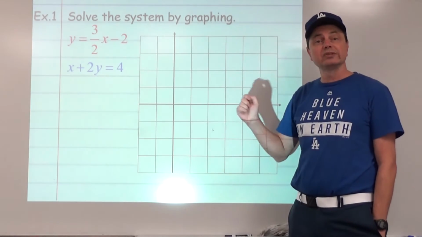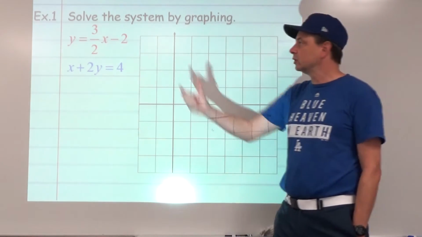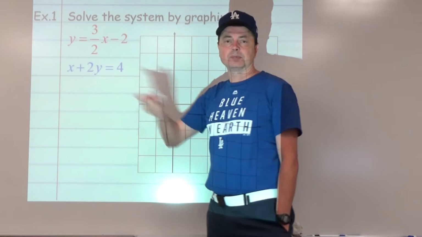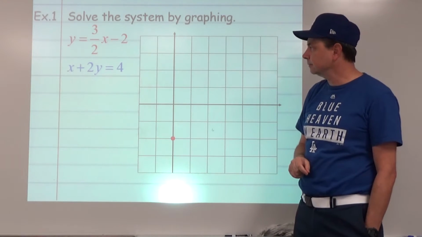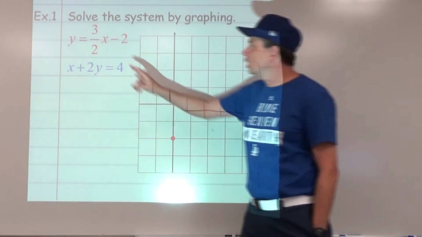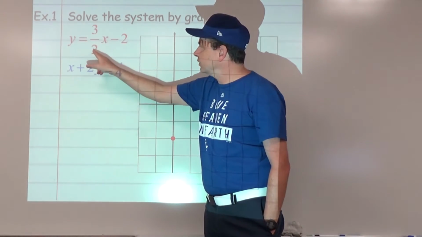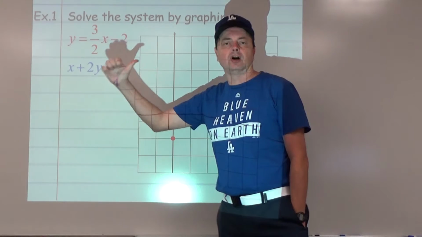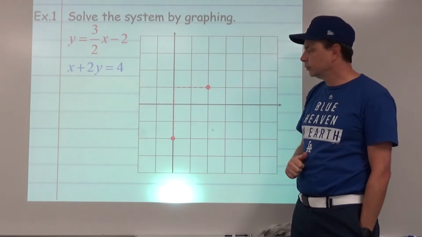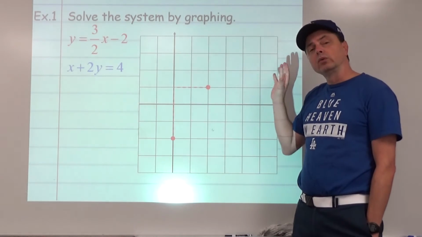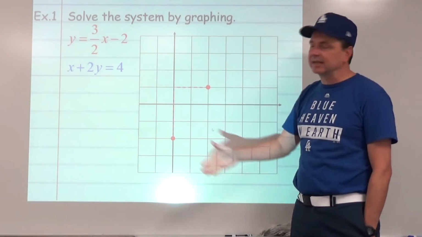That is in y equals mx plus b form. So let's start with the y-intercept, -2 on the y-axis. And then let's do our slope. Rise 3, run 2, up 3, always go to the right. Put a point. Now, when we're just graphing a single line, a lot of times that's good enough.